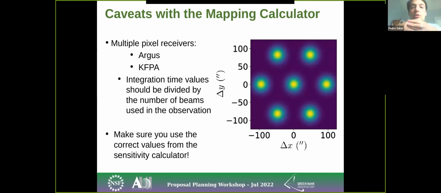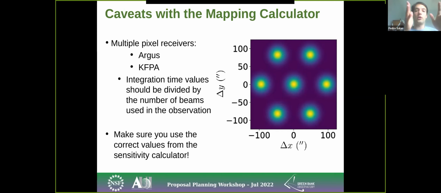So once you know which kind of map you want to do, there are some other considerations that you have to take into account. In particular, depending on the receiver you use, you might be able to map faster. That's one of the reasons why people build multiple pixel receivers or phased array feeds or focal plane arrays, because with these receivers, you have multiple beams on the sky simultaneously.